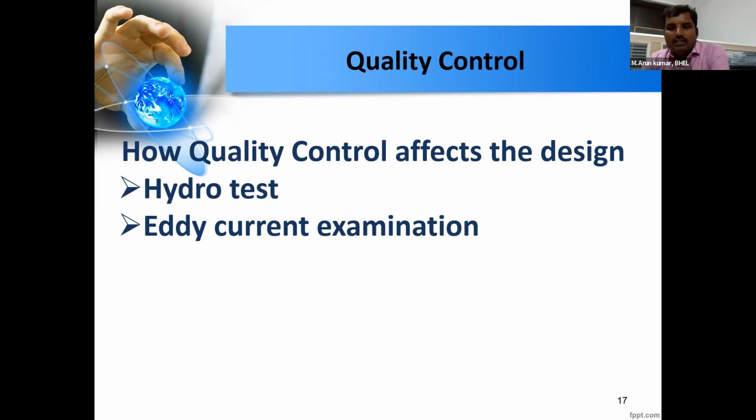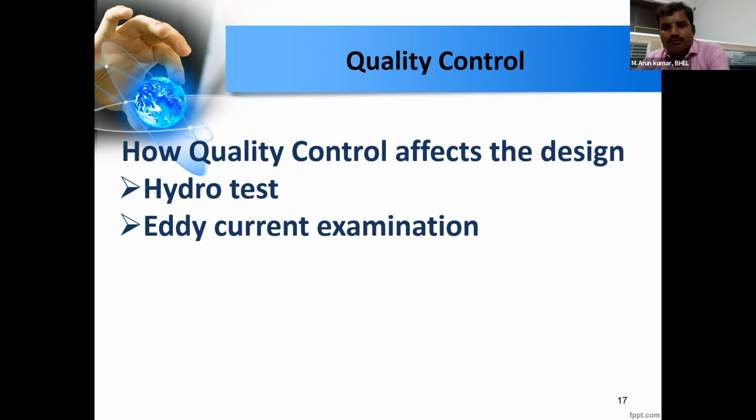Then in some of the cases, after eddy current examination, if we do boroscopic examination and if we do some ID polishing or some rework, what happens? The thickness at the particular region comes down.